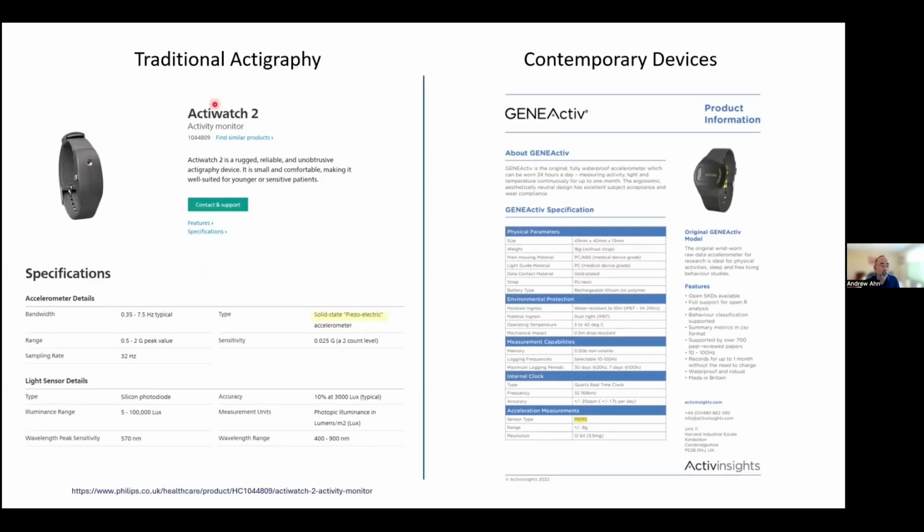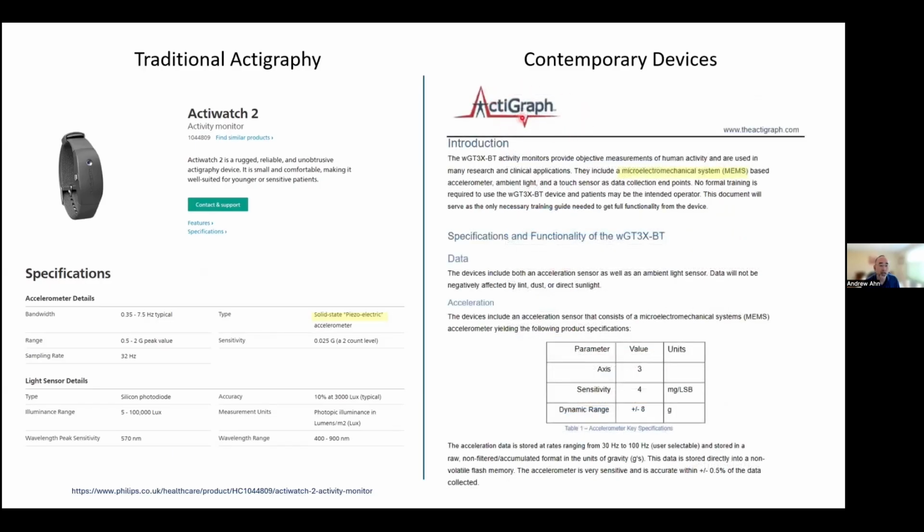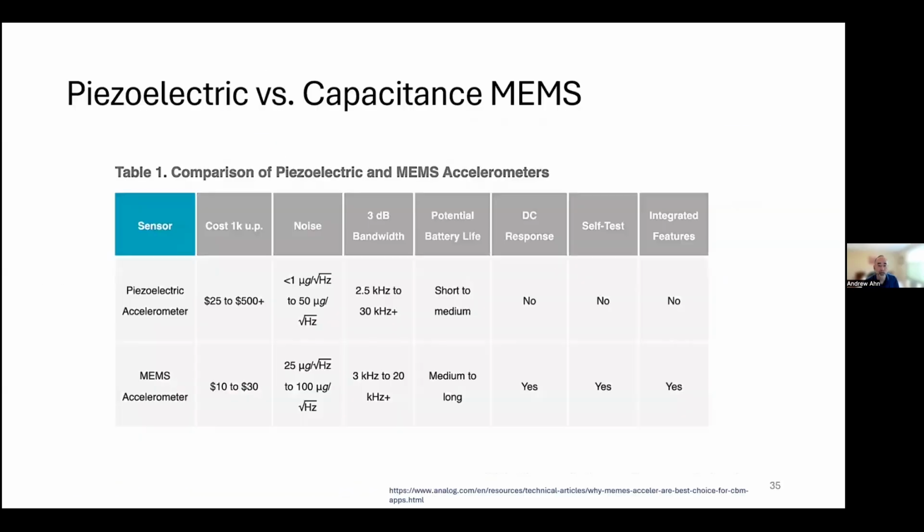This is the brochure that comes with ActiWatch, which is, as you know, no longer available. It has a solid state piezoelectric component, whereas the contemporary devices such as GENEActiv has a MEMS device. And this is also true for the newer ActiGraph, which also has the MEMS accelerometer hardware in it.